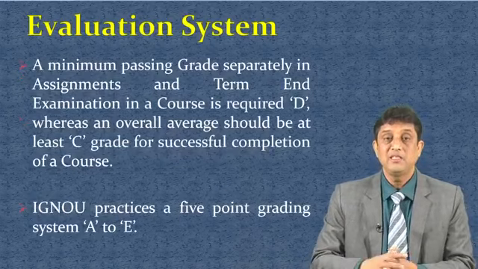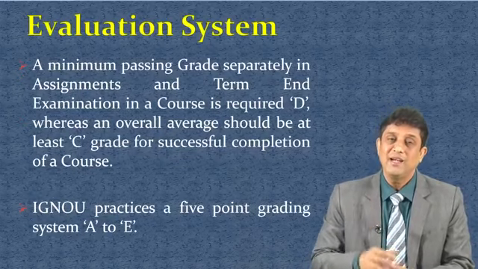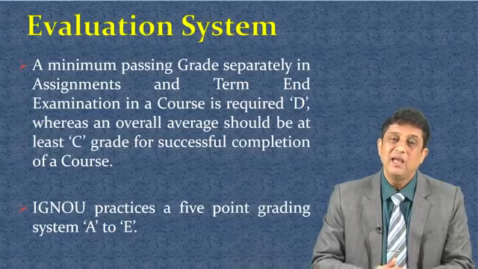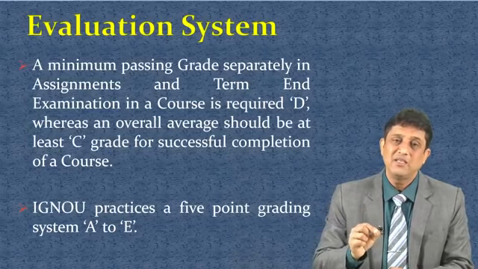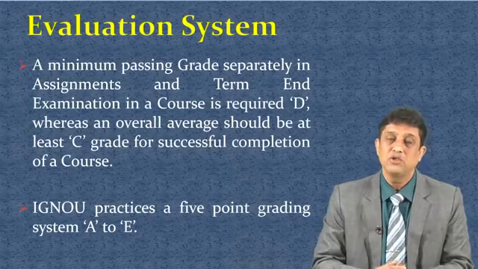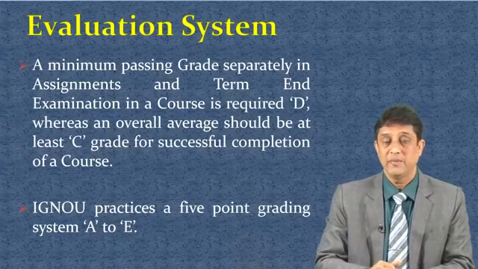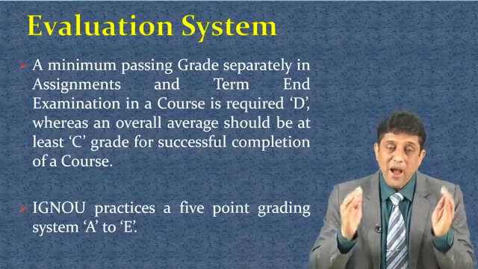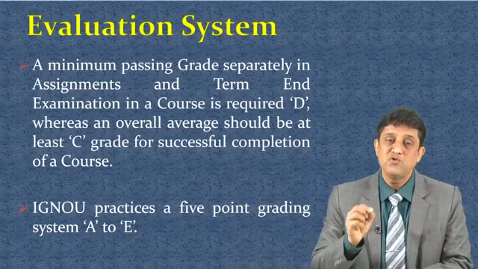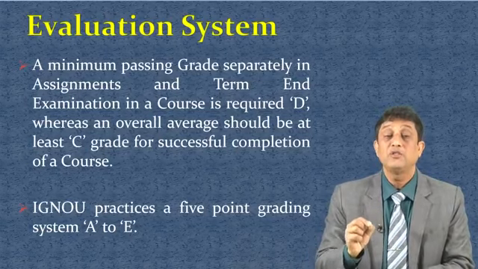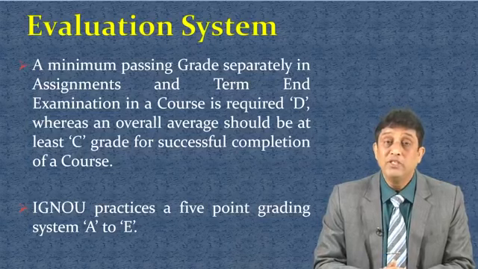So friends, at least you have to earn a D grade in the assignment of each course and a D grade at least in the term-end examination of each course for successful completion of that component, either assignment or term-end examination. But combining these two components, at least you have to earn a C grade for successful completion of this course.